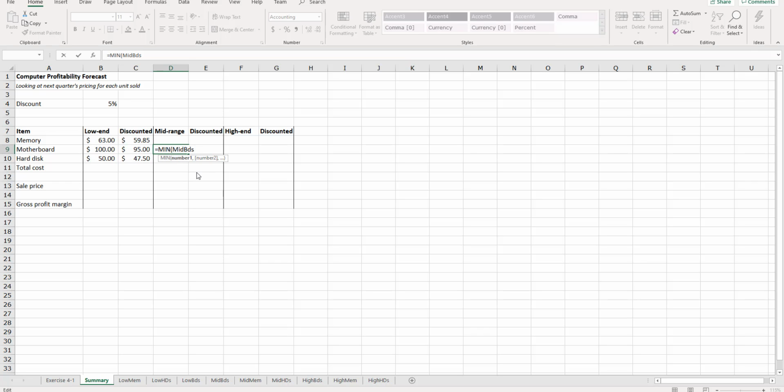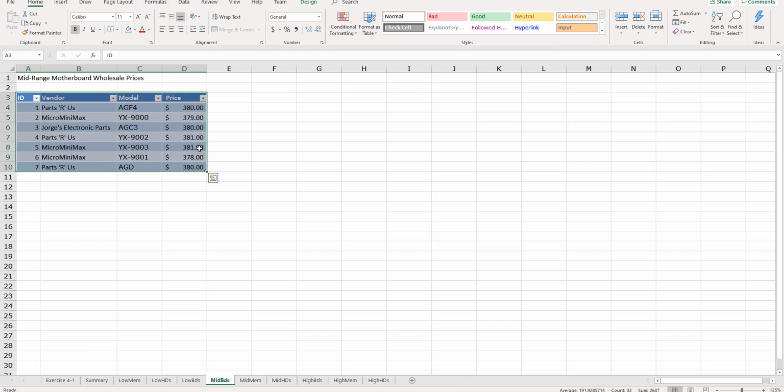And then square bracket. There we go. And then close that up, close it up, and press enter. There we go. So that should have found the mid-range. In the mid-range file, it found the motherboard there. So let's just see. Yep, 378 would have been the cheapest. Okay, and then that's what it found there.